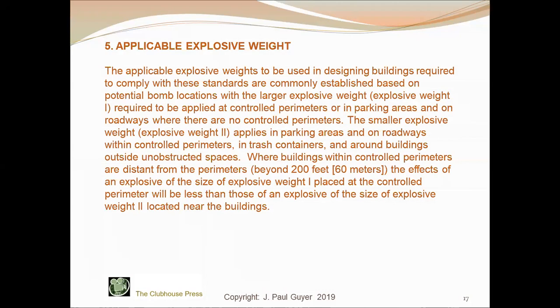Where buildings within controlled perimeters are distant from the perimeters beyond 200 feet, the effects of an explosive of the size of explosive weight 1 placed at the controlled perimeter will be less than those of an explosive of the size of explosive weight 2 located near the buildings.